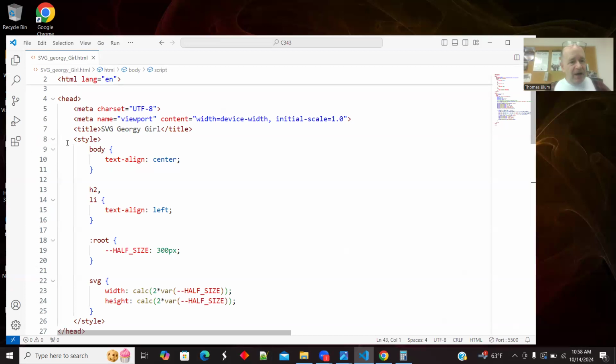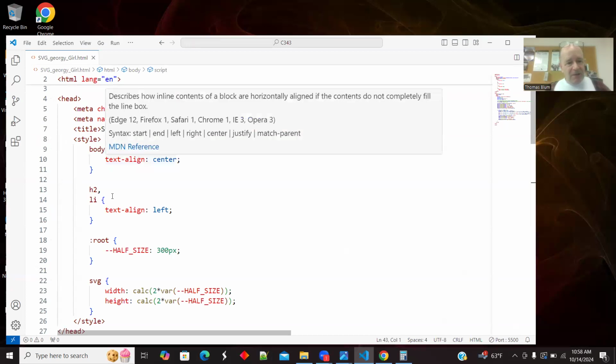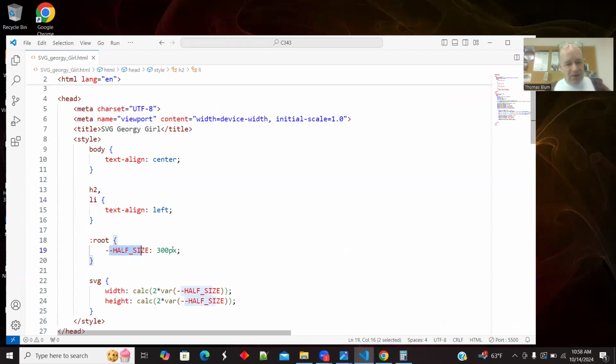So I have some style, not much, but part of my style is a variable within the style, half size, which is going to be half the size of my SVG, which is going to be a square shape, 600 by 600, but I'm making that a variable.